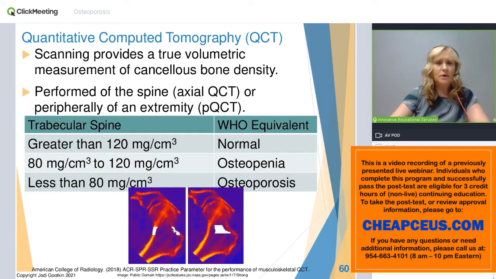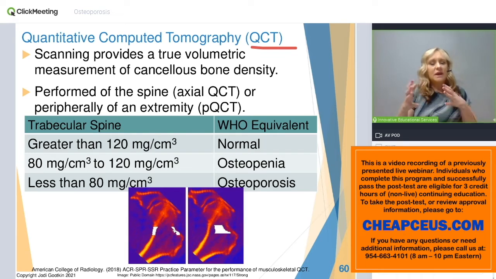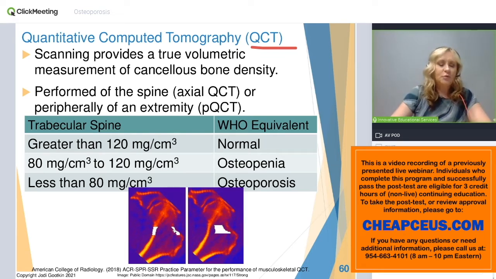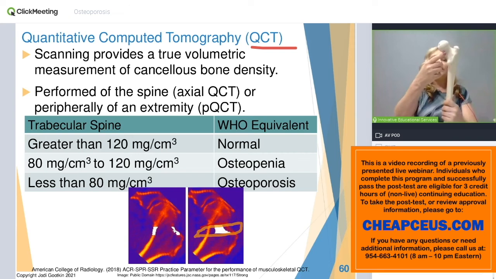Same thing with the quantitative CT scan, looking at scanning either the spine or the hip to try and get a sense of osteoporosis that may be present. This area that tends to deteriorate most in the hip is Ward's triangle, the region below the neck before the intertrochanteric region.